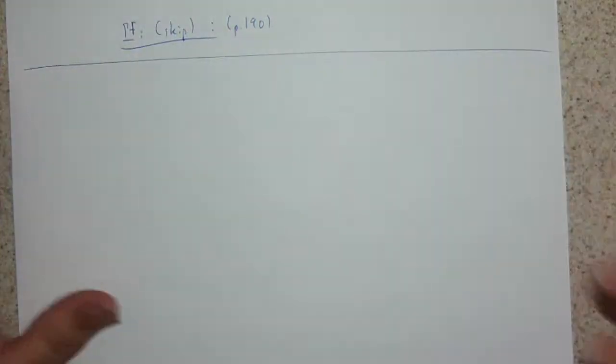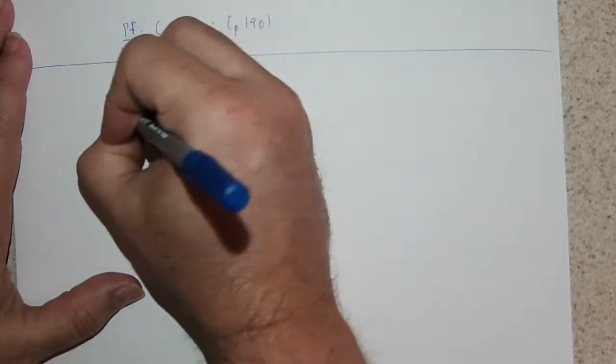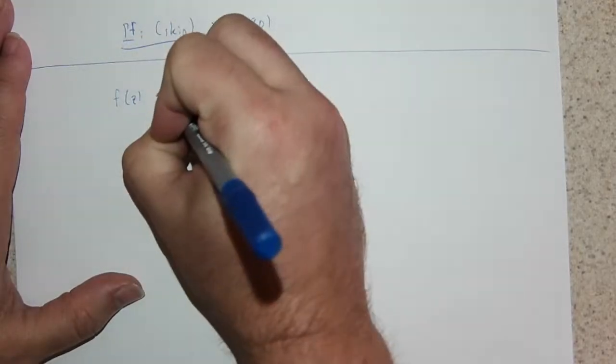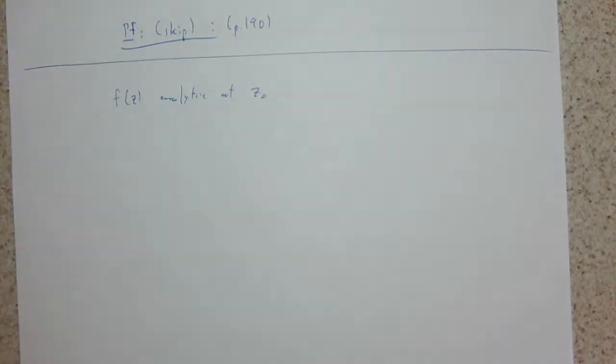Okay, so let's say that we have an analytic f at z0. So if f of z is analytic at z0, then it's got a Taylor series expansion about that point.